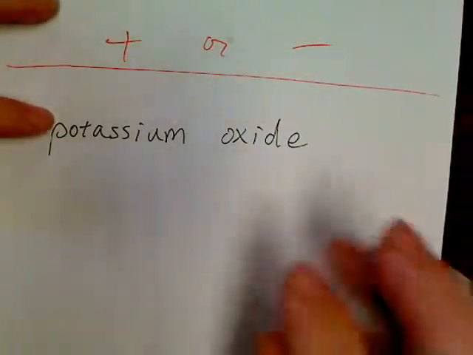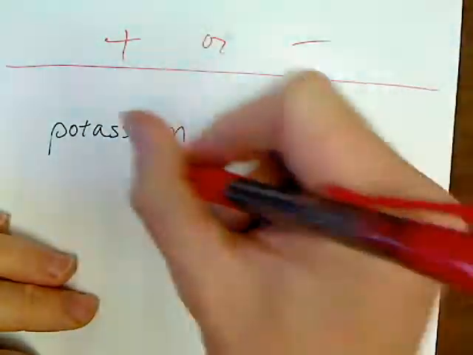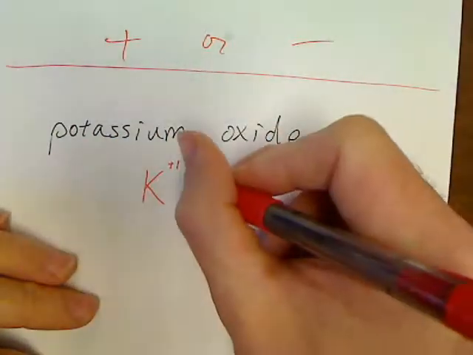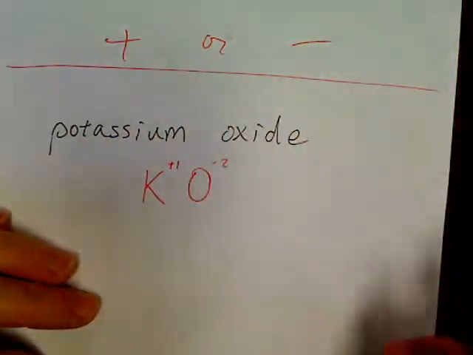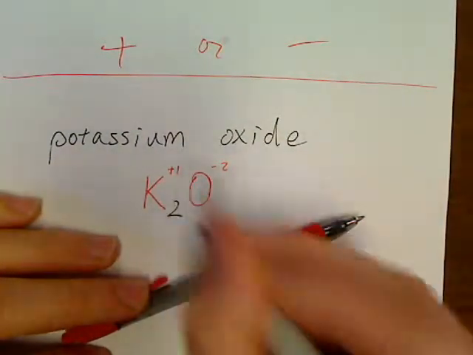Now, when you get ready to do one like potassium oxide, you're going to have to look up K. K is a +1. Oxide is O, and it's a -2. And now you've got to know to come back and put your 2 in here to make this problem balance.